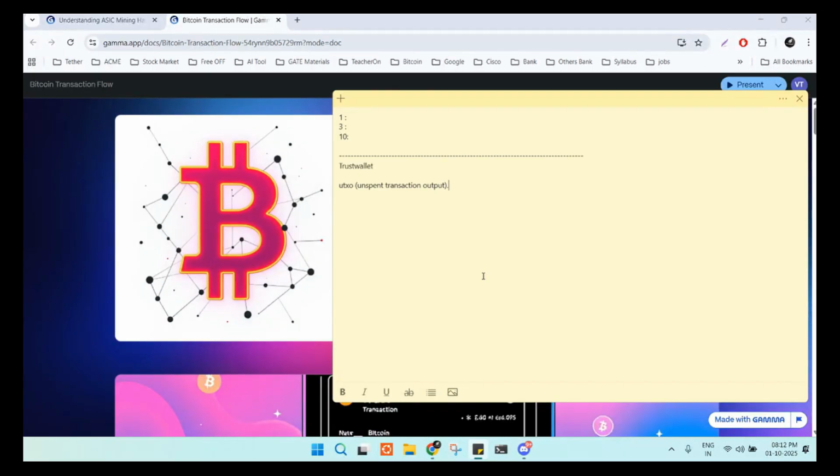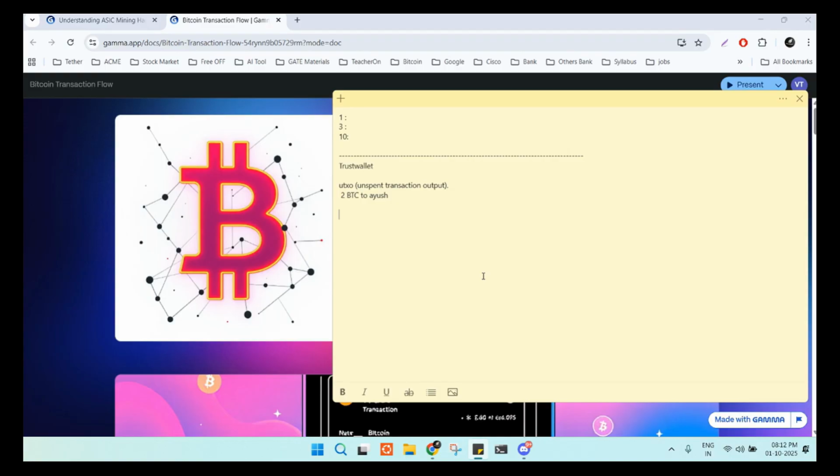So what will happen if we want to send, let us suppose, 2 BTC to Ayush? I will just put the receive address, the Ayush address, and automatically the non-custodial wallet will choose UTXOs.